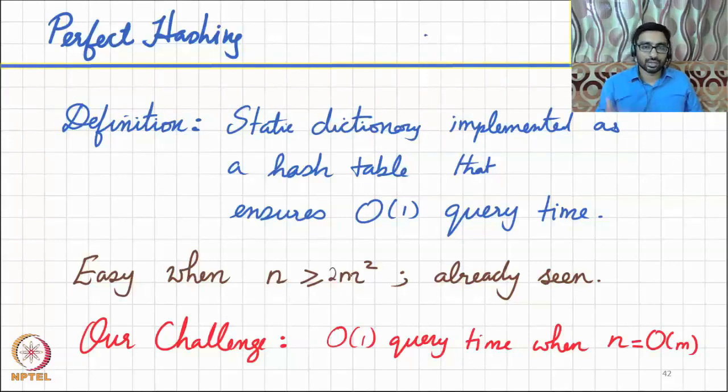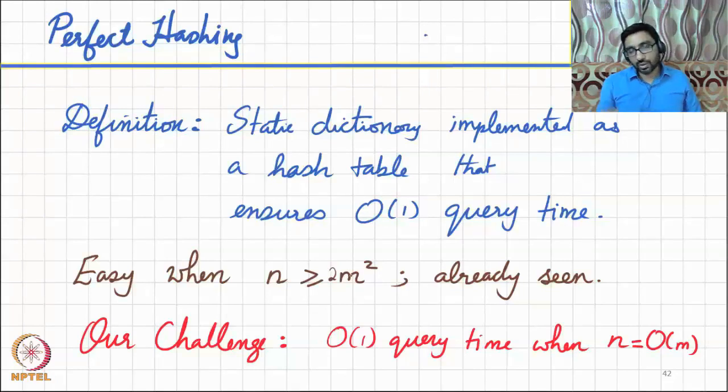That's easy. We just repeatedly attempt constructing the static dictionary using the straightforward hashing technique until we meet this requirement. Our question now is a little bit more challenging. How do we construct such a hash table using only a space that is proportional to the number of items?